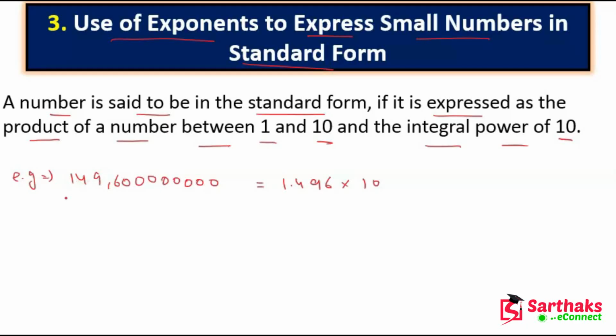So in total, how many digits? 1 2 3 4 5 6 7 8 9 10 11. So we can write 10 raised to power 11. Got it? This is the standard form.